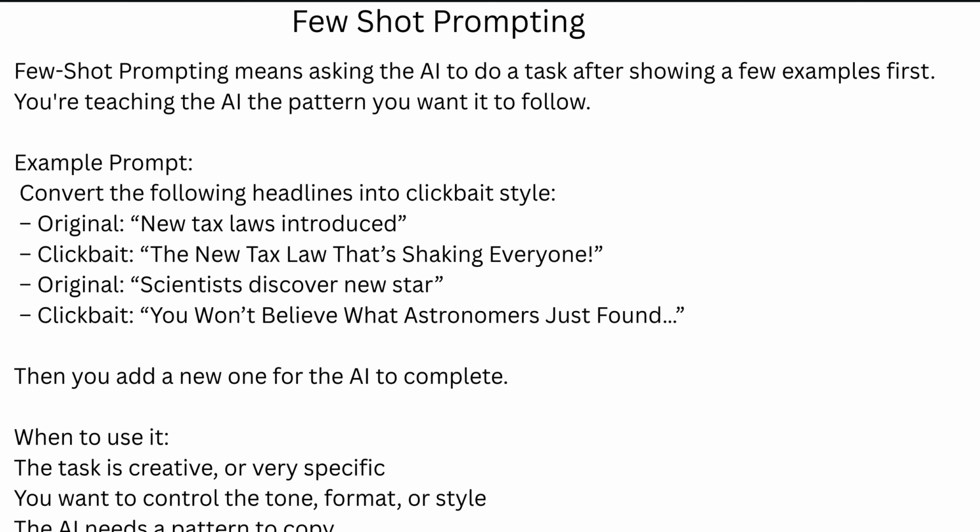If I say few shots, more than one example. So with few shots, instead of just telling the AI what you want, you show it a few examples first. Few shot means asking the AI to do a task after showing a few examples. Here you are teaching the model the pattern you want it to follow.